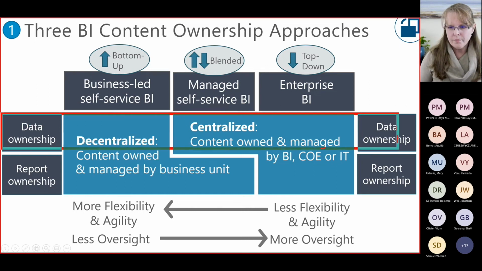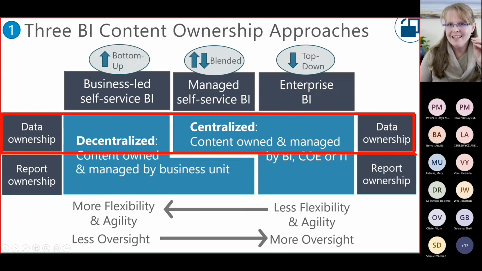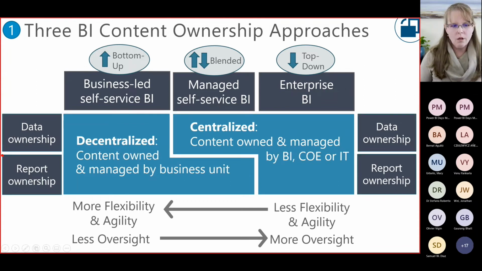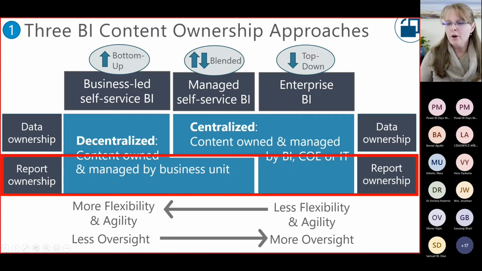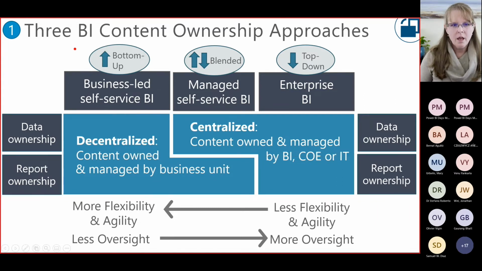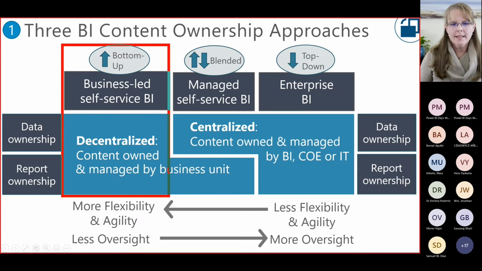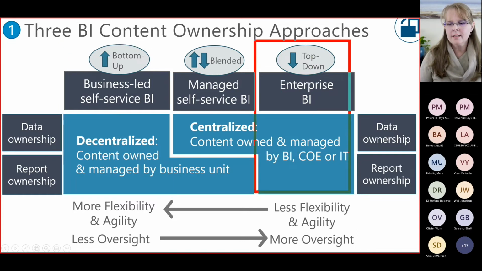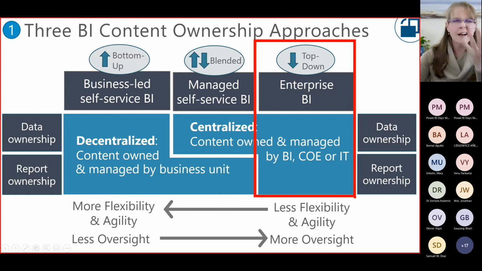The rows are who owns the data or who owns the reports. The columns, let's say a business unit like accounting, have complete control of managing both the data and the reports. On the far end sides of things, the enterprise BI team or IT, for instance, are taking responsibility for end-to-end data and reports.